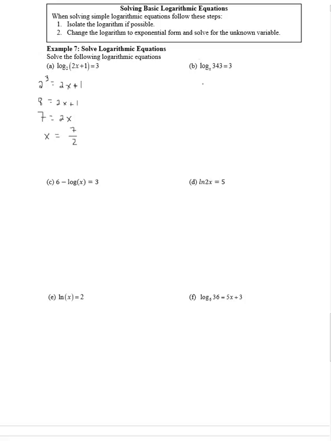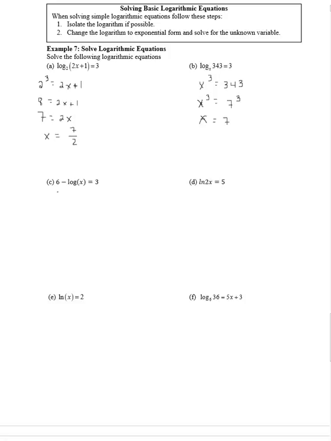On part B, we have x cubed equals 343. Well, 343 happens to be 7 cubed. If the exponents are the same, then the bases better be the same. So x equals 7.